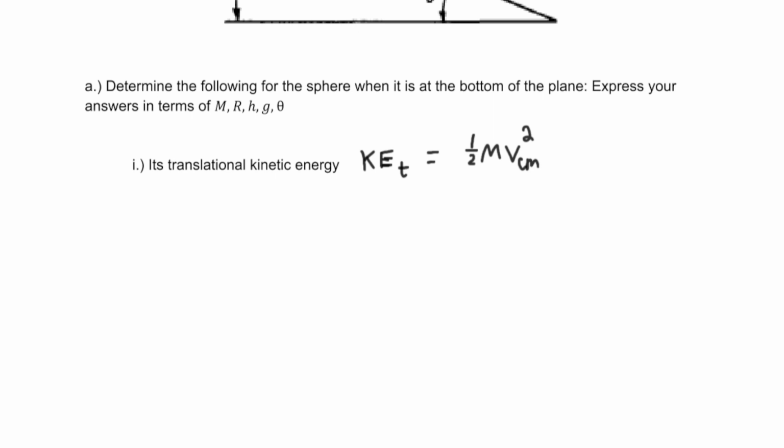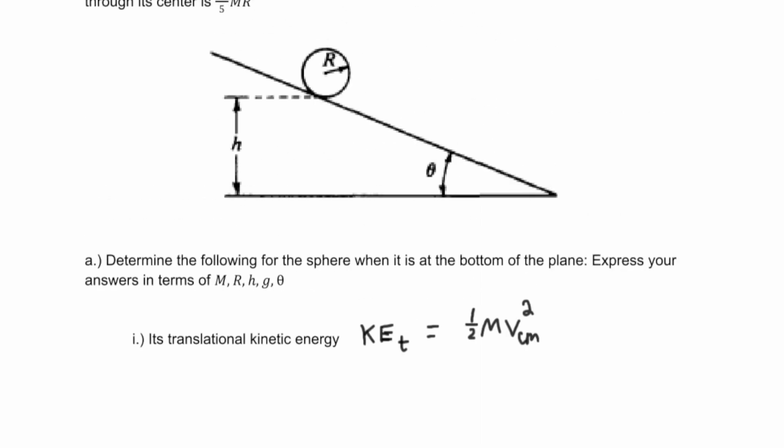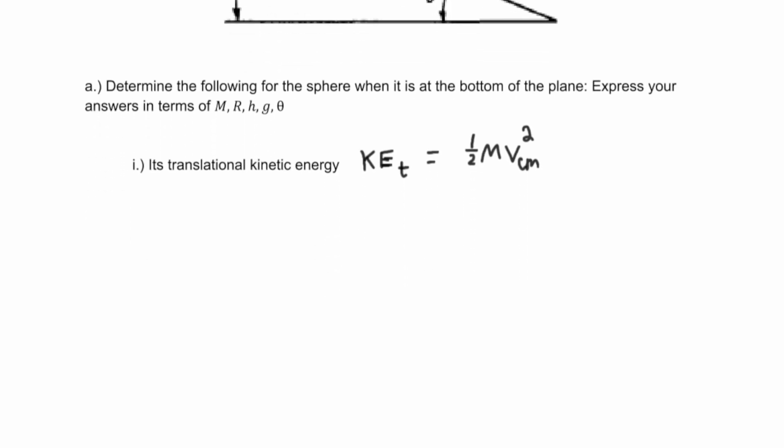So to do this, in any of these rolling without slipping problems, we typically use conservation of energy. So notice that at the top of the plane, it's at rest at a height above the ground, and then it's moving. So the gravitational potential energy at the top is going to be converted into two kinetic energy types: kinetic energy of translation plus kinetic energy of rotation.